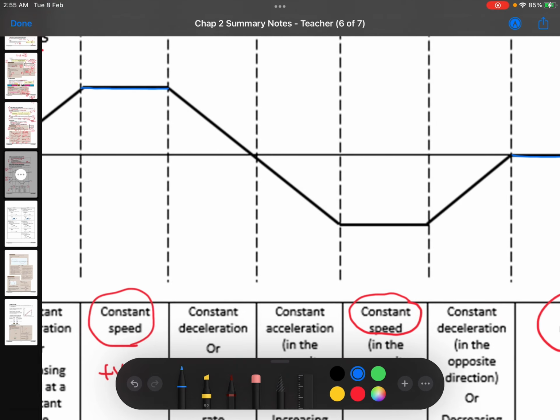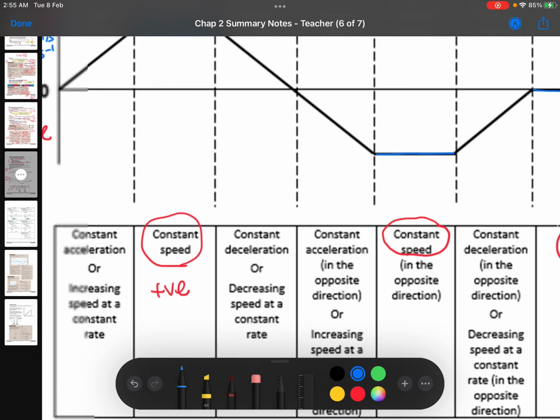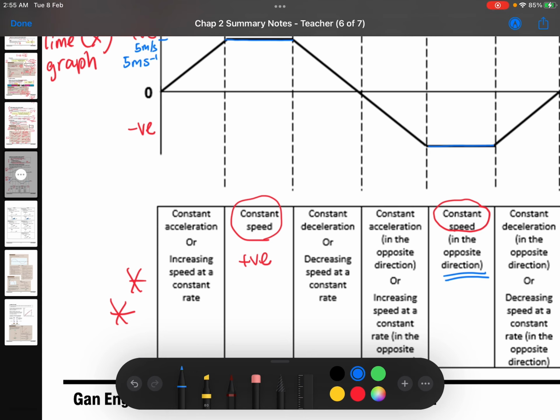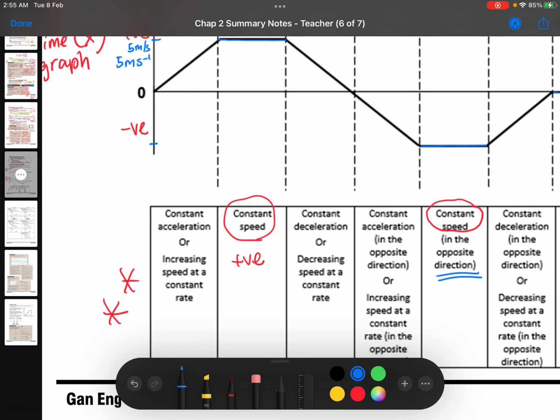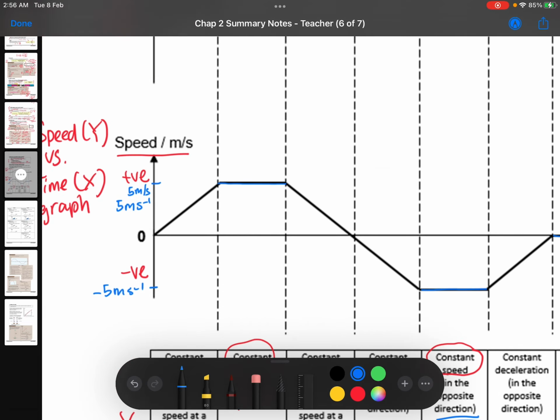Now on the other hand, you also have constant speed in the opposite direction. Why we say opposite direction is because if you extrapolate, the value may be minus 5 meter per second. So when you have constant speed, what does the distance-time graph look like?